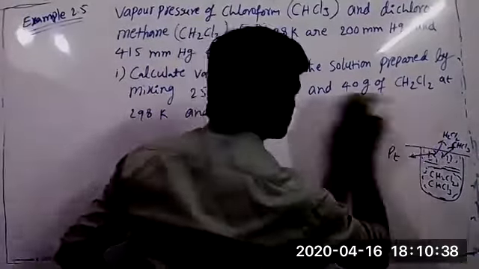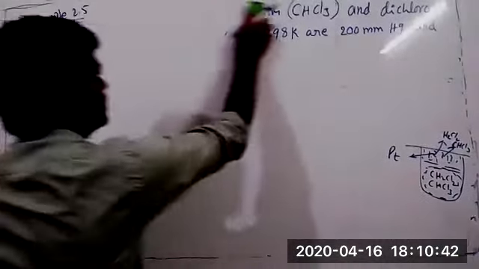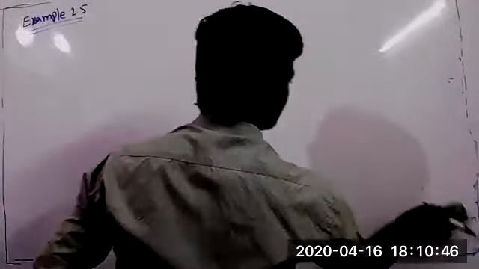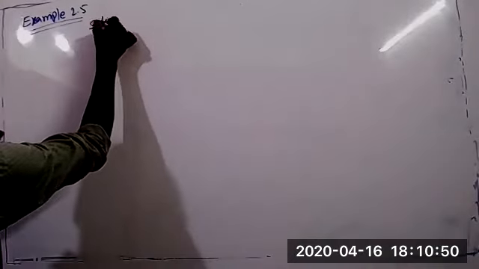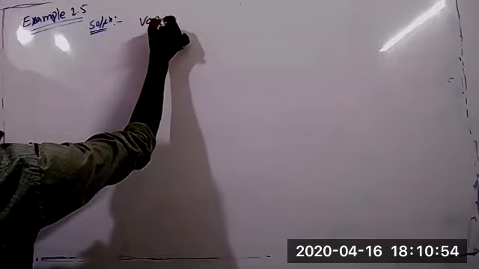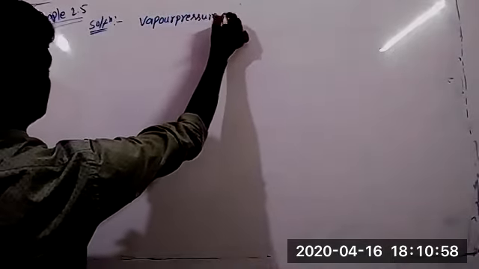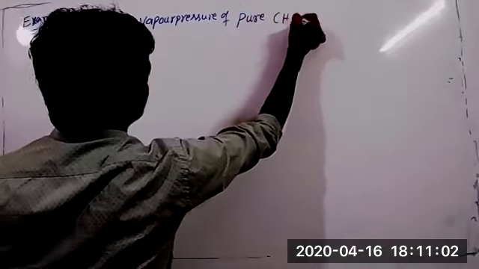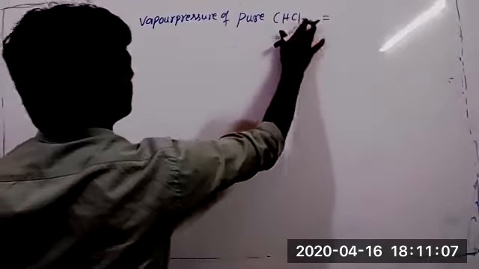First, write only given information. Vapor pressure of pure CHCl3. How much is given in question? 200.